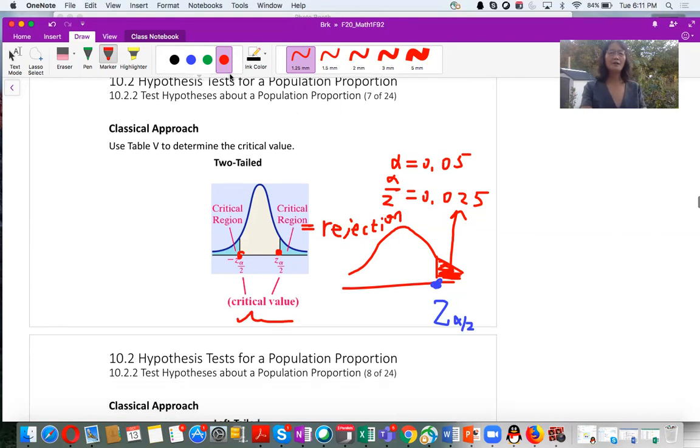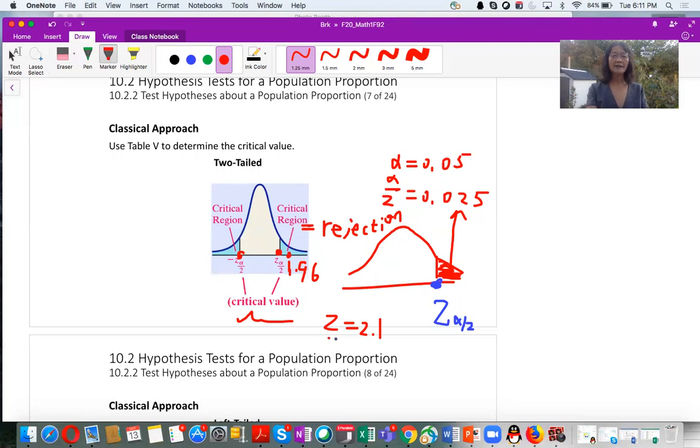For example, suppose this z half alpha is 1.96, and if you have z value equal to 2.1, obviously 2.1 is here, maybe this point, and this point is in the rejection region or critical region, so you reject H0 when you have test statistic 2.1.